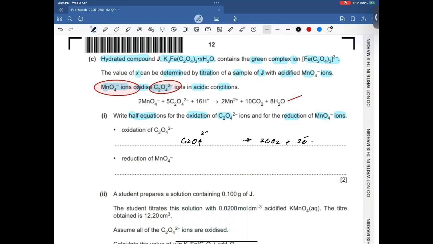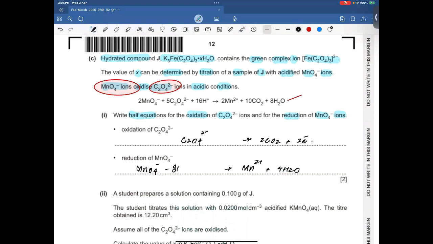I'm using the ion electron rules. All right. Similarly, MnO4 negative ions is converting into Mn2+ ions. Now, according to the first ion electron rule, manganese is balanced. In order to balance 4 oxygen atoms, I will use 4 water molecules here. We have 8 hydrogen atoms here, so I will use 8 hydrogen ions here.